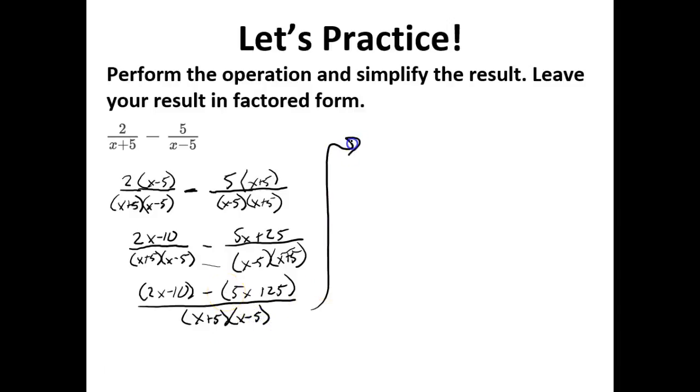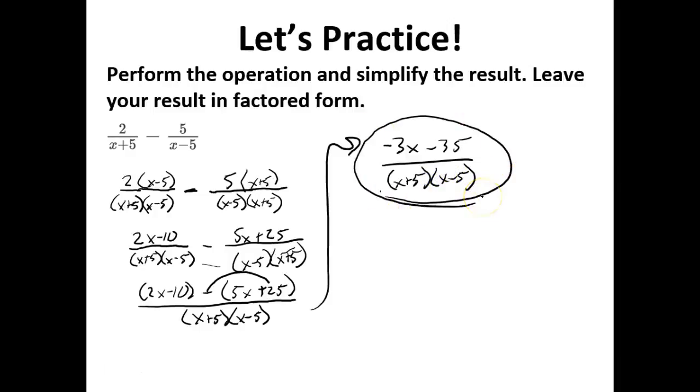And when we do that, we're going to get negative 3x minus 35 over, don't forget when you subtract, you have to subtract everything, and over the x plus 5, x minus 5. And there would be our answer. We check the top to make sure we can't factor anything out to simplify it at all. I don't see anything, so that would be that fraction completed.